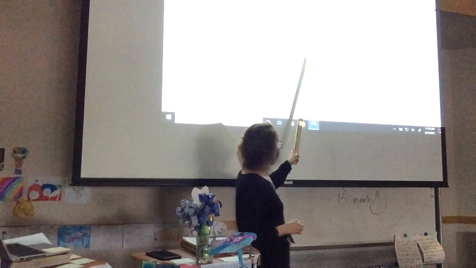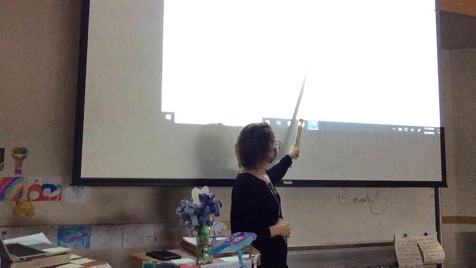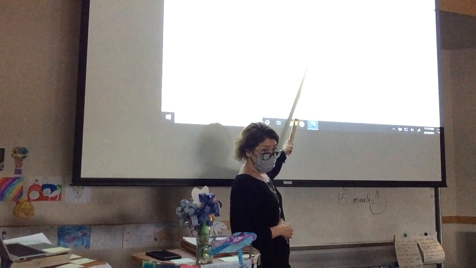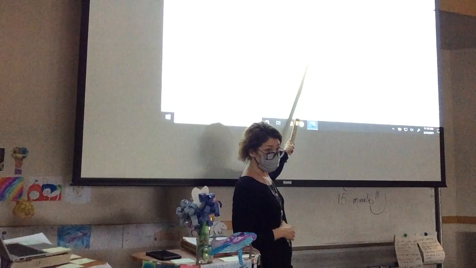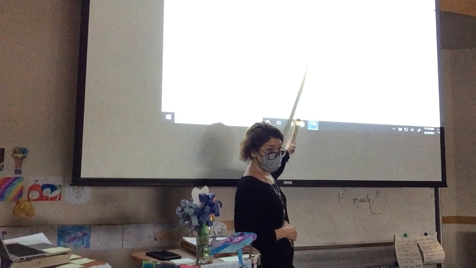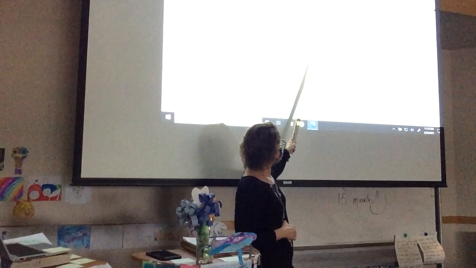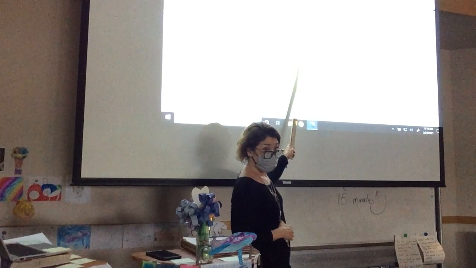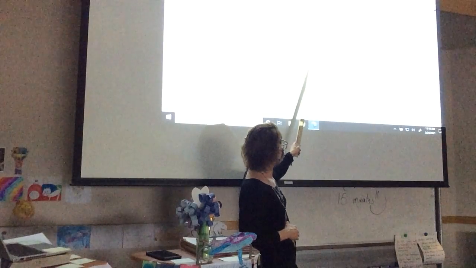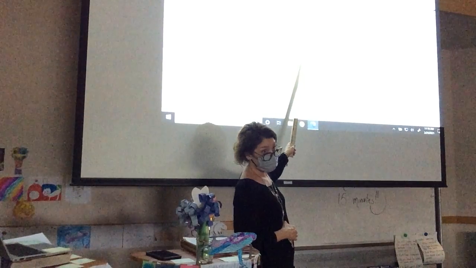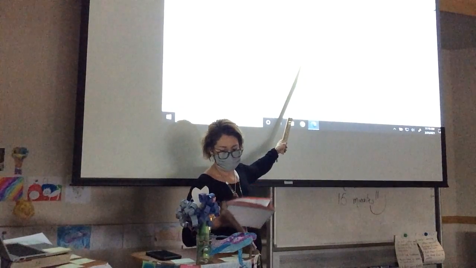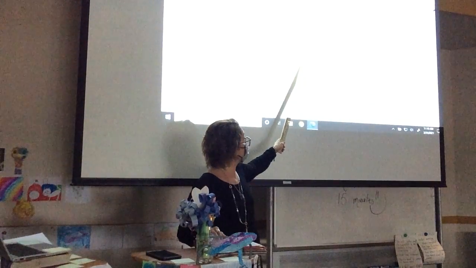So, with that said, Christian, what are we going to divide here? 36 divided by what? What is this number right here? 3. Yes, 36 divided by 3. There you go. And who can help them out with the answer? What is 36 divided by 3? Owen? 9.